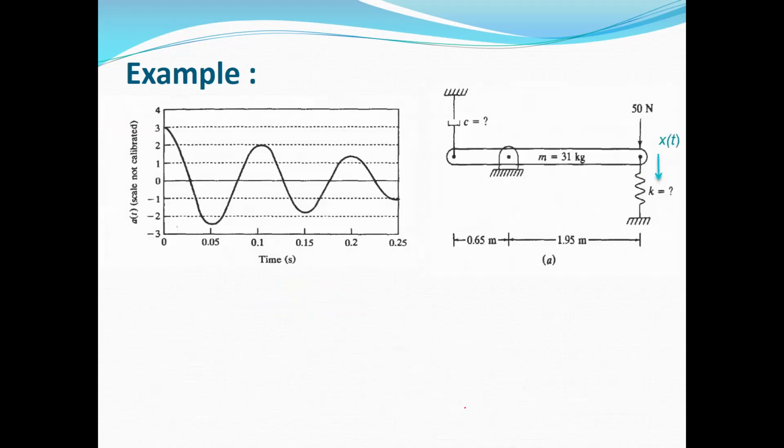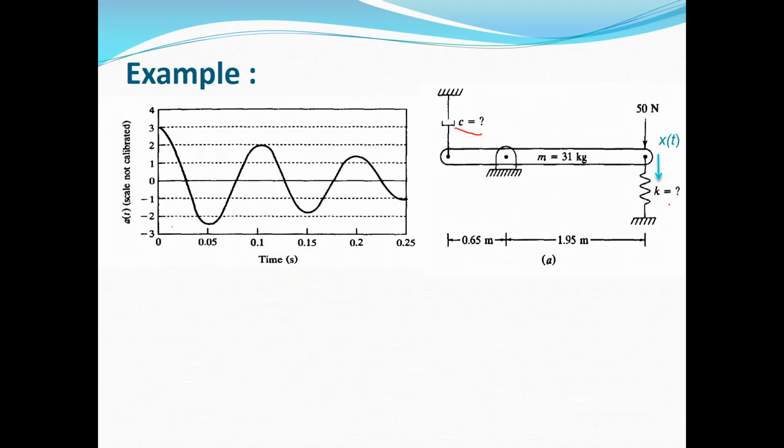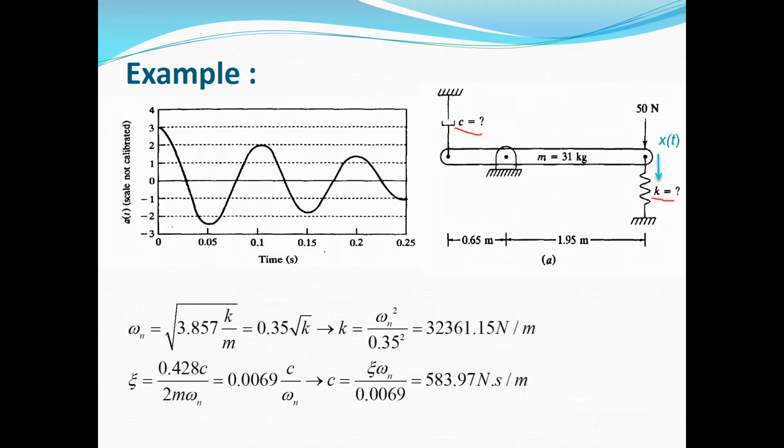The next step, we must obtain c and k. For this purpose, we use the equation of motion. As I told you, omega n squared is the coefficient of x, and also we can use the coefficient of x dot to obtain the c, or the coefficient of damping, or the damper.